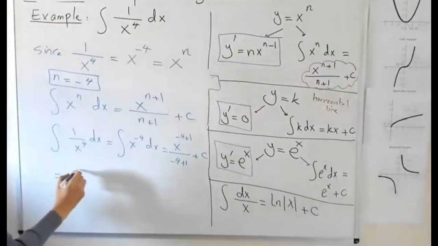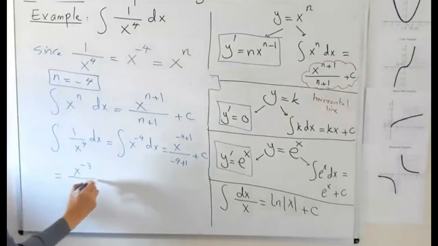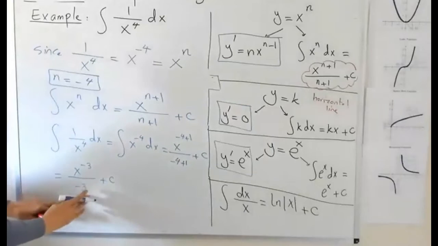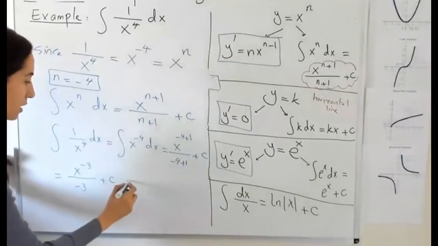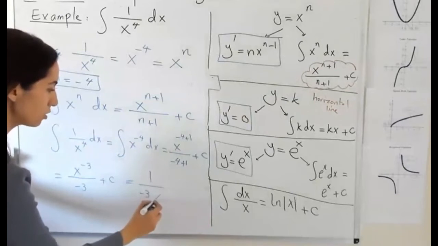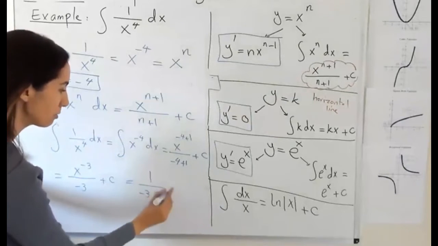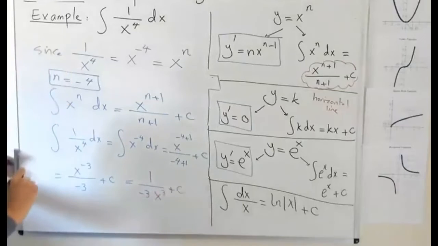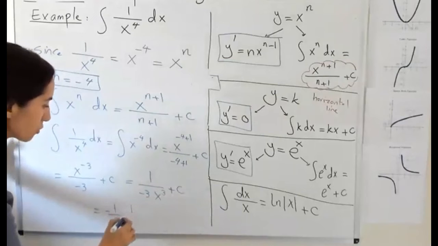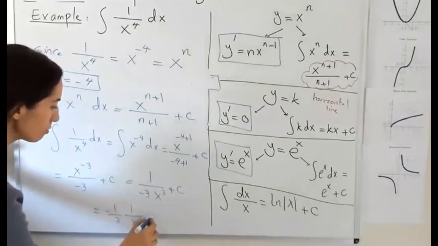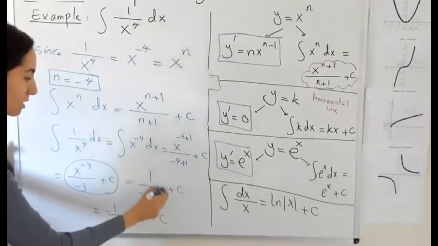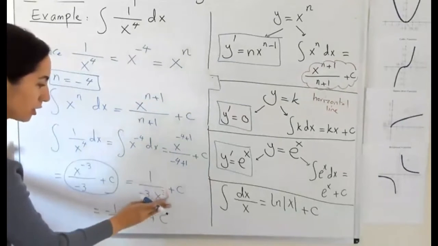So this is equal to x to negative 3 divided by minus 3 plus constant of integration. You can leave it as it is, or you can write it as 1 divided by negative 3 times x to the third plus c. Or you can write it as negative a third times 1 over x to the third plus constant of integration. All of these formats are absolutely fine.